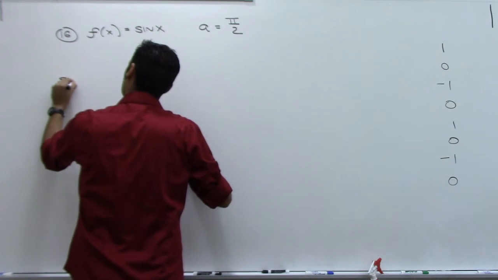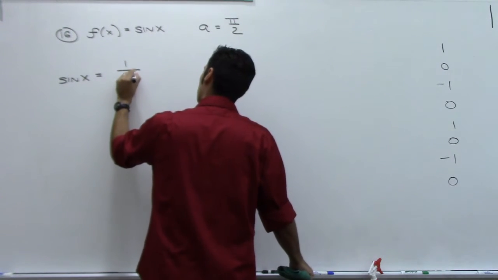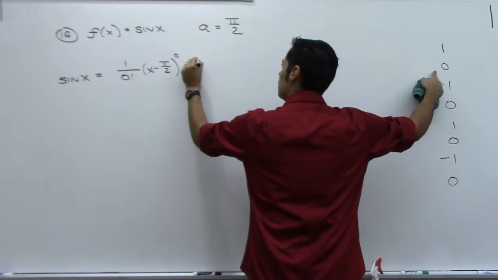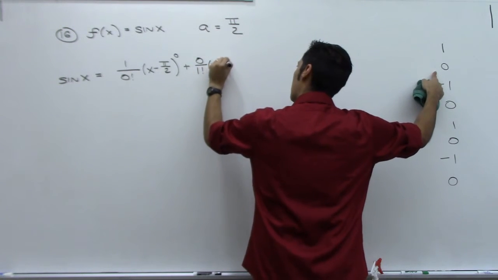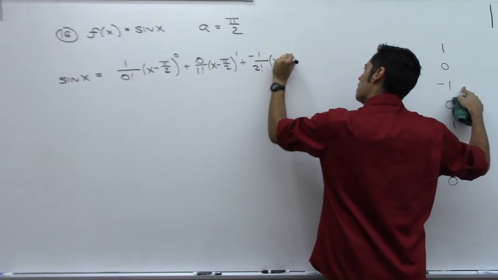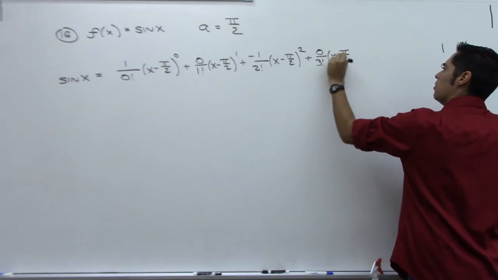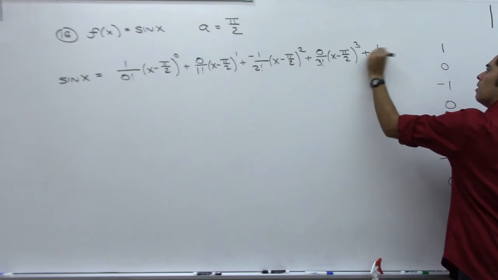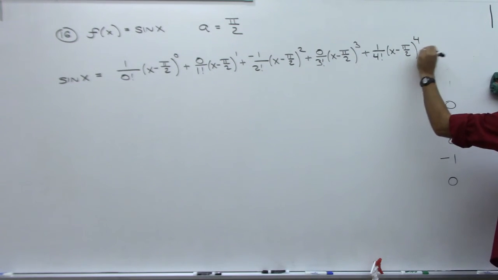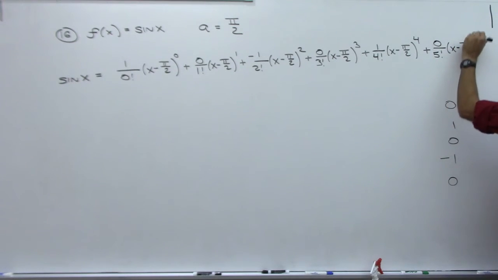First, we have sine x equals 1 over 0 factorial, x minus pi over 2 to the 0, plus 0 over 1 factorial, x minus pi over 2 to the first, plus negative 1 over 2 factorial, x minus pi over 2 squared, plus 0 over 3 factorial, x minus pi over 2 cubed, plus 1 over 4 factorial, x minus pi over 2 to the fourth, plus 0 over 5 factorial, x minus pi over 2 to the fifth.